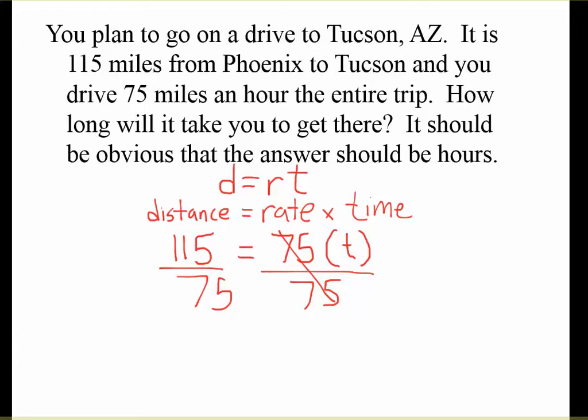I'll go ahead and do the same thing. 115 divided by 75. Okay, and maybe we could round that. So t is going to equal 1.53. And then what would our unit be? Well, if it's time in this problem, time is talking about hours. So 1.53 hours.